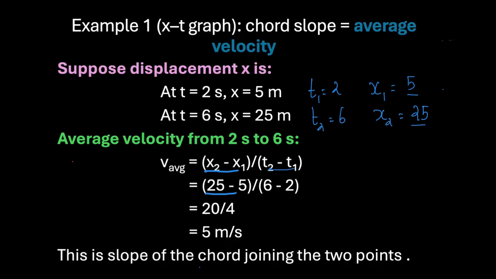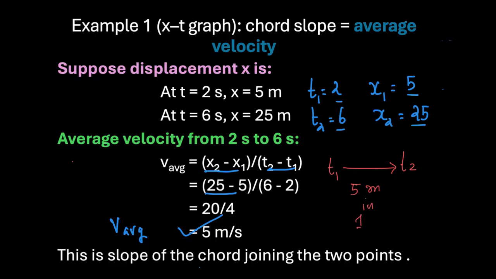What is t2 minus t1? 6 minus 2, which is 4. 20 by 4, which gives us 5. Therefore, the average velocity is 5 meters per second, which means if you measure it from t1 to t2, the object has traveled 5 meters in 1 second, on average.